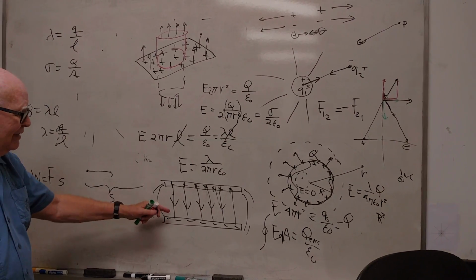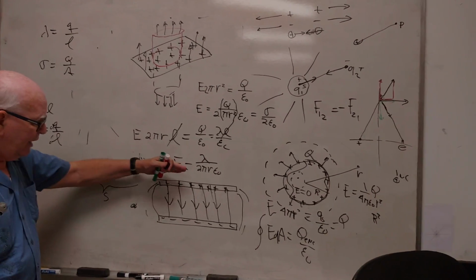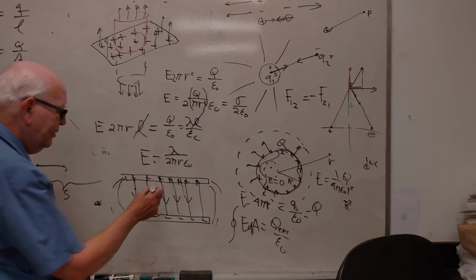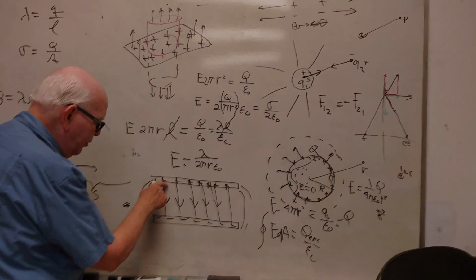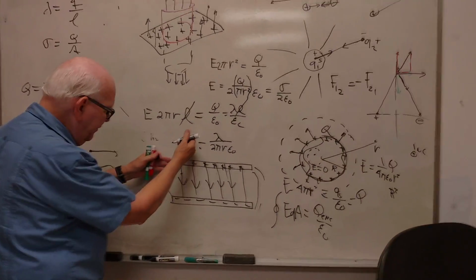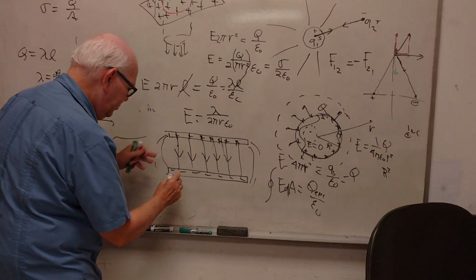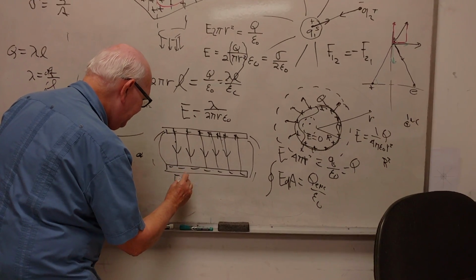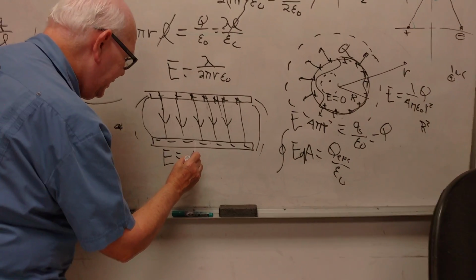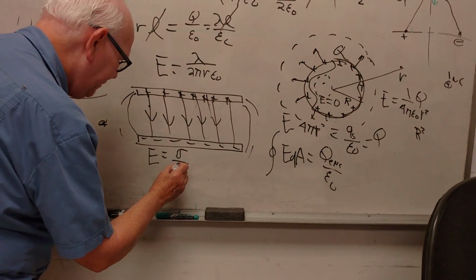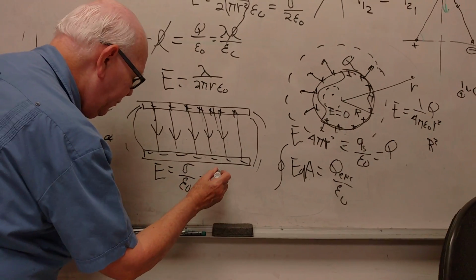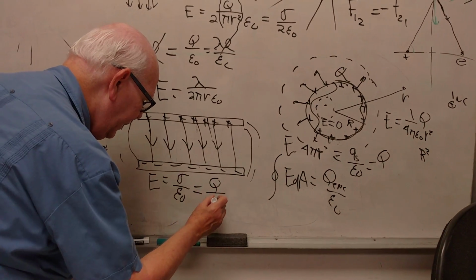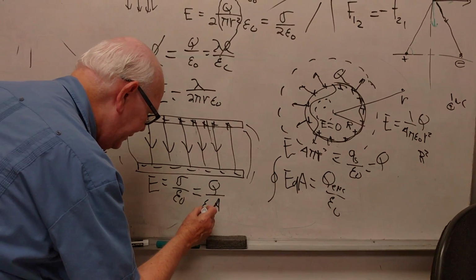So what is the field? The same as this one, but since we have this and that, it flips down. So instead of twice the area, it's just the area. So the field in a parallel plate capacitor is simply sigma divided by epsilon zero. How simple. If you want, put Q over A, the area of the plates.